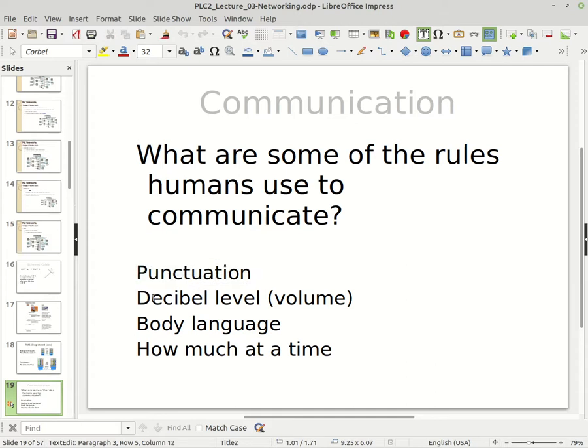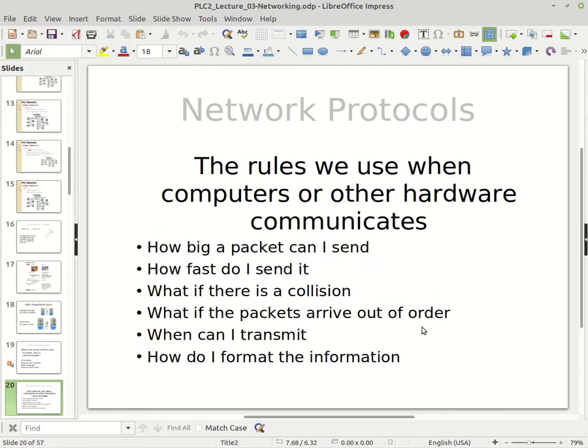If we're communicating orally, the volume or the level of our voice kind of indicates messages. Body language can send messages. All right. So when we're communicating, though, we've got to have these rules.